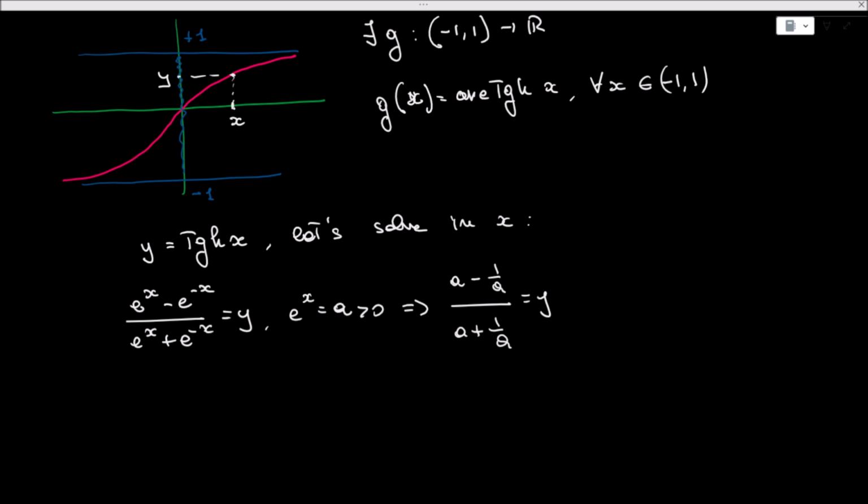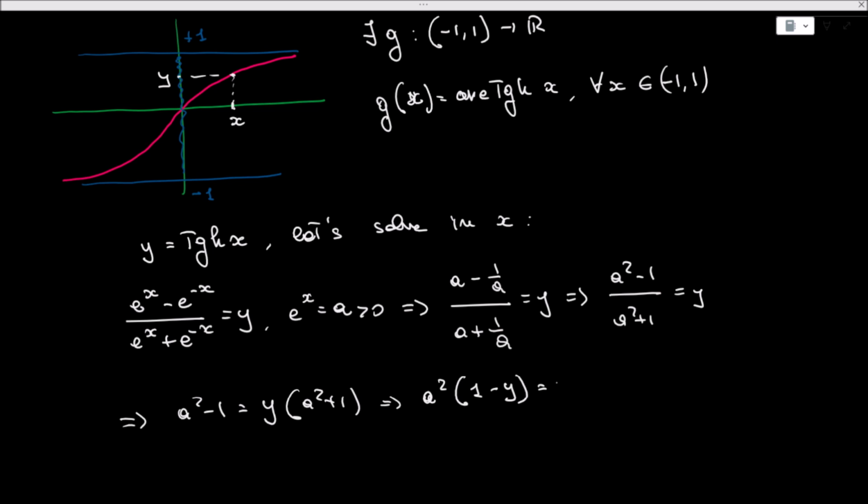And this is a squared minus 1 divided by a squared plus 1 equal to y. And this is a squared minus 1 equal to y times a squared plus 1, right? And again, these can be solved in a because we get a squared times 1 minus y on the left hand side, and on the right hand side we have y plus 1.